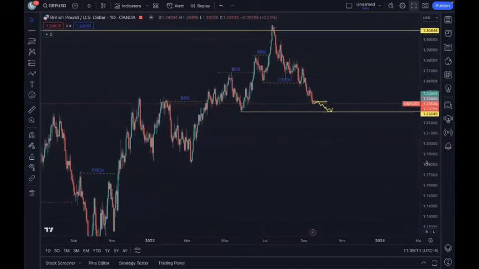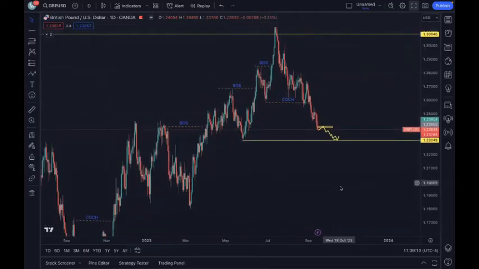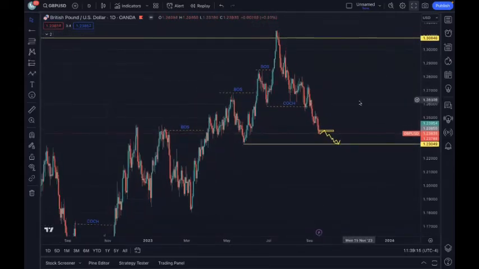Now, what is your next target for this sell? Your target is an equal low, right here. And now, if you're selling, you're targeting here for liquidity, for her to sweep. So I put a golden line there so that I know this is where I am actually coming for. If I'm going with the trend, I'm coming for here.